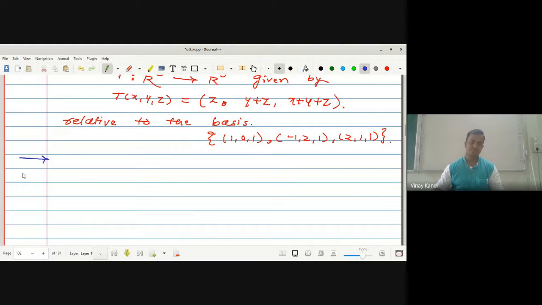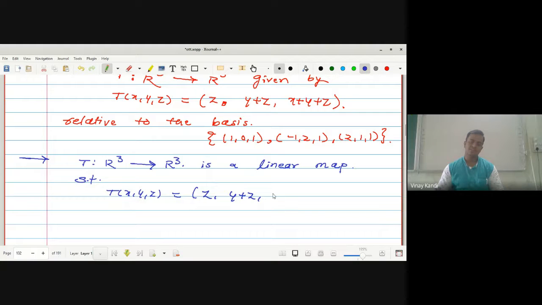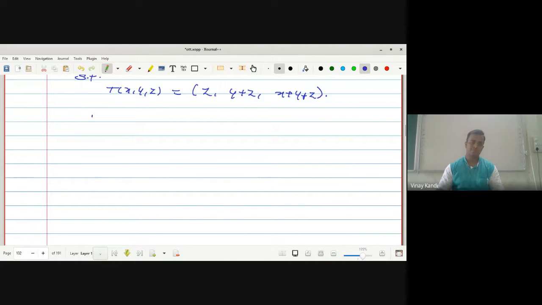Write down first all given things. T is a mapping from R3 to R3, a linear map such that T of (x, y, z) is equal to (z, y plus z, x plus y plus z). And what is B given to us?